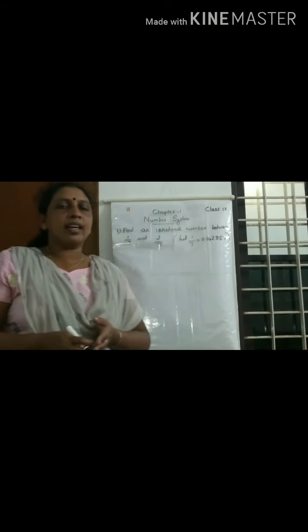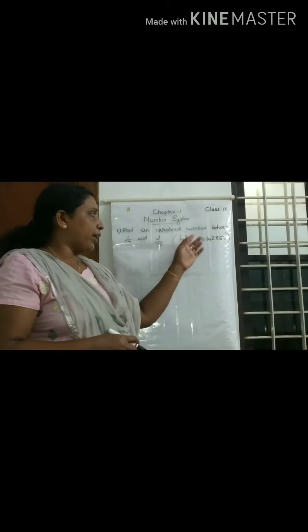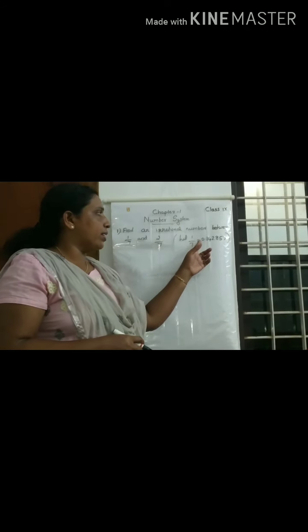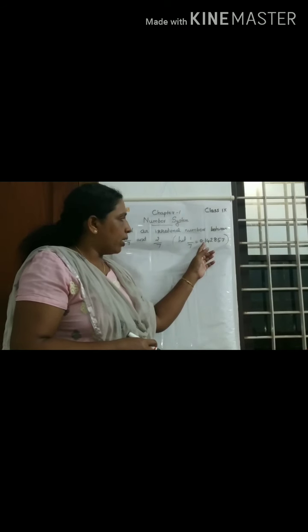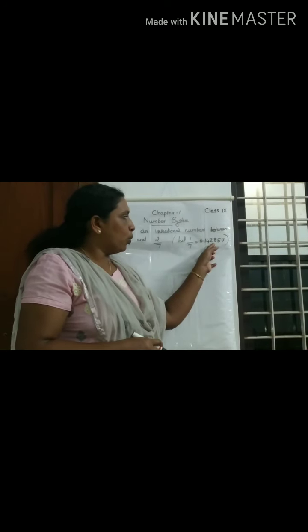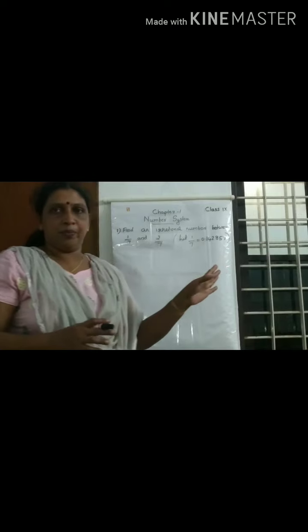In the previous class, we already found that 1/7 is equal to 0.142857.